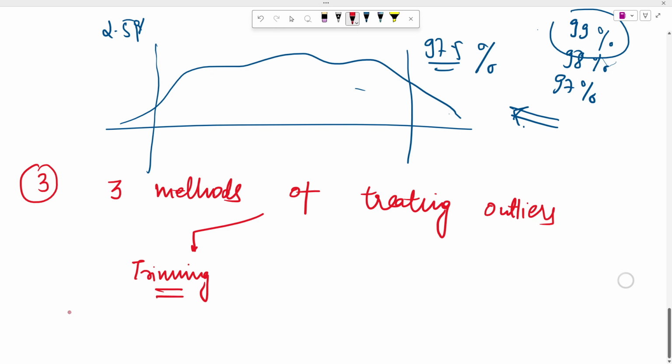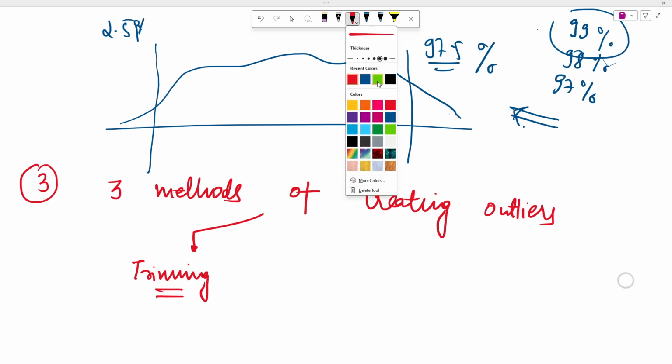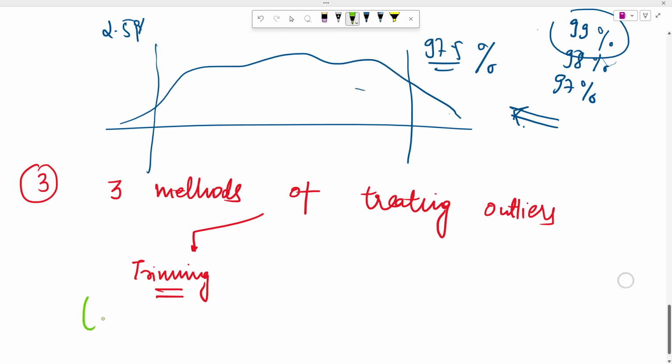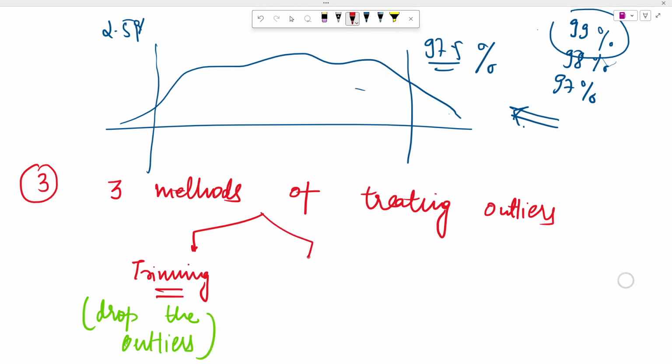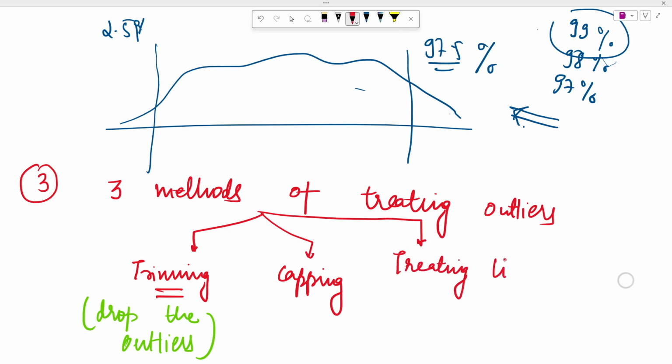In trimming, we just drop the outliers, right? The second method we have is capping, and the next method is treating them like missing values.